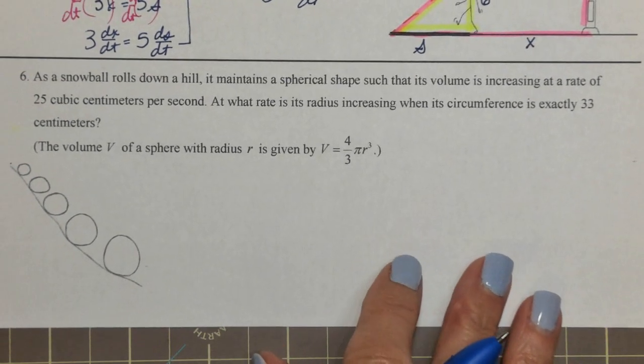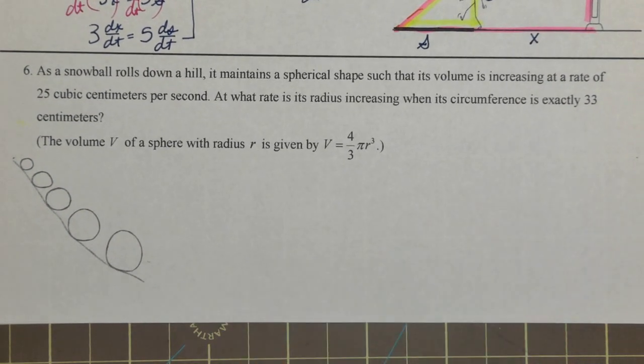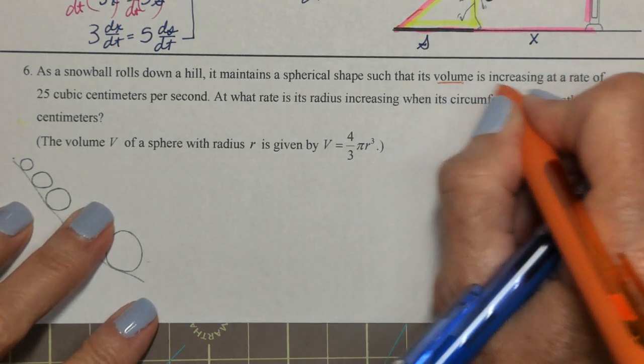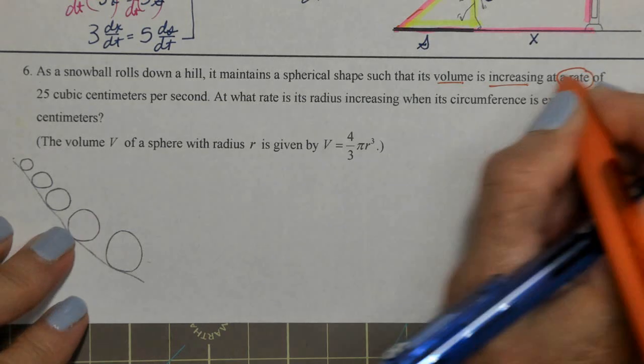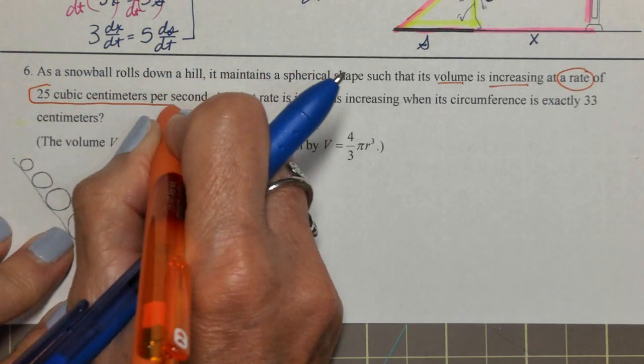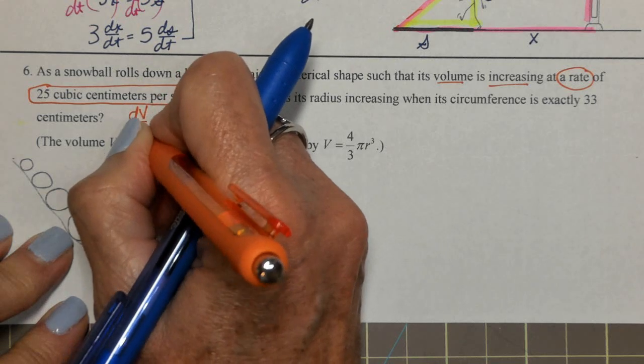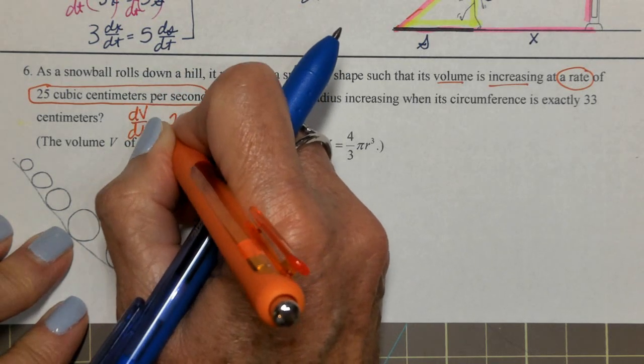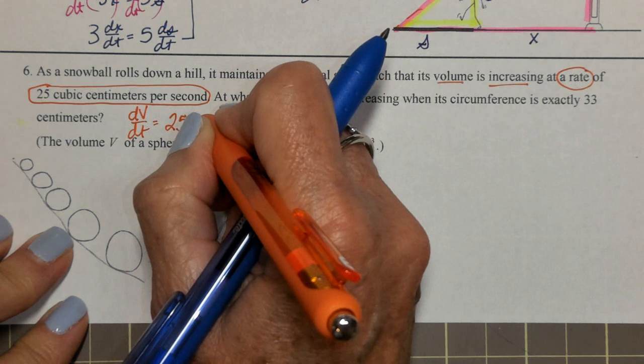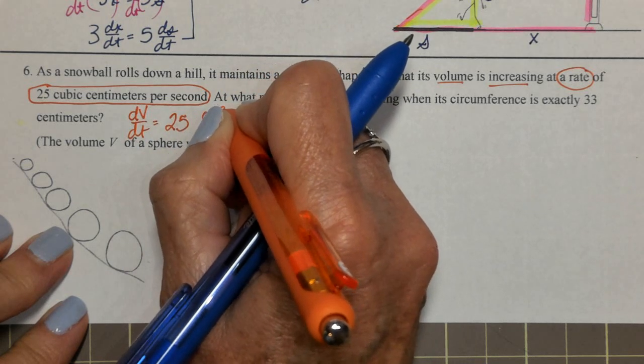All right, last one here. As a snowball rolls down a hill, it maintains its spherical shape such that its volume is increasing at a rate of 25 cubic centimeters per second. So dV/dt is positive because it's increasing 25 cubic centimeters per second.